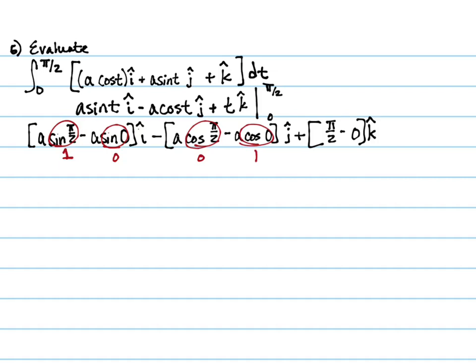So using those pieces of information, the first one I end up getting is a minus 0, or just a, i. The second one, I have 0 minus a, but then I have a negative a in front, so I have positive a, j. And then I just have my pi halves k.